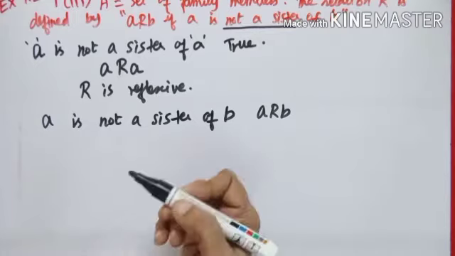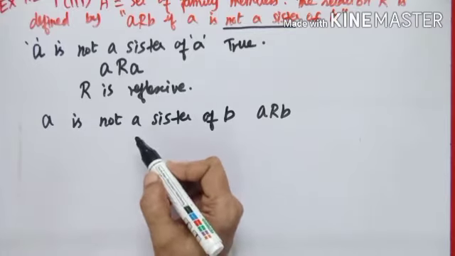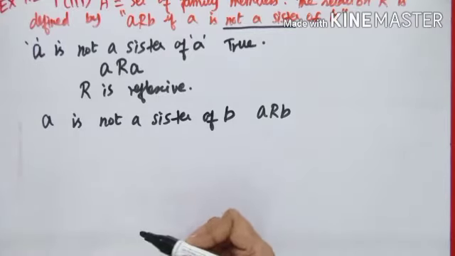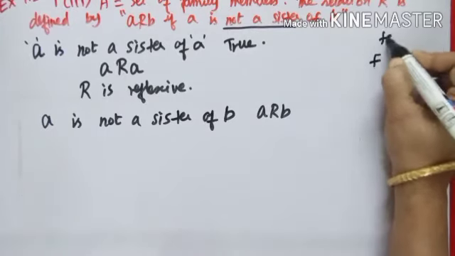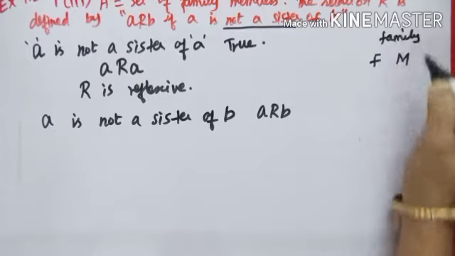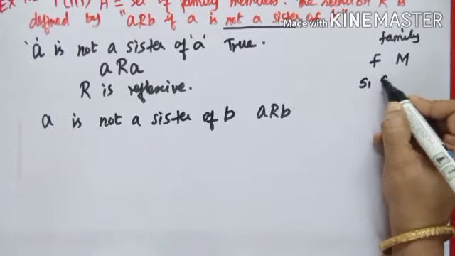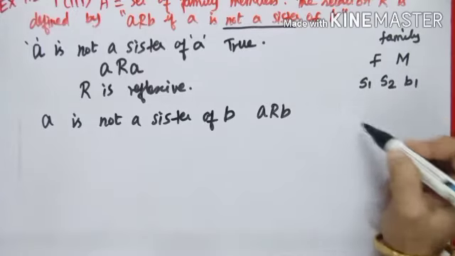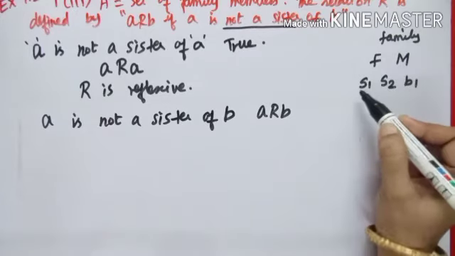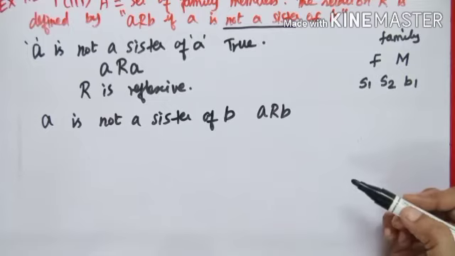Then we must give some example. If I want to say it is wrong, give some example. See, father is there, mother is there, family. And let me take sister 1, sister 2 and brother 1. So this is a family. Father, mother, sister 1, sister 2 and there is a brother.